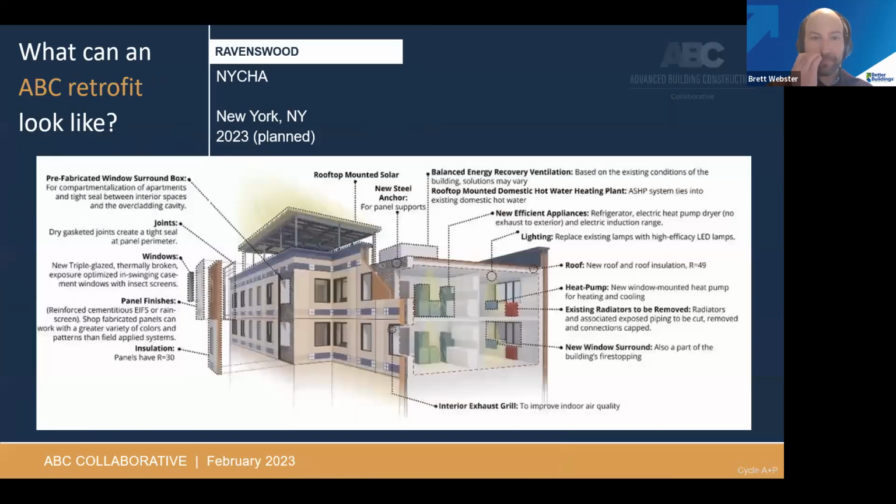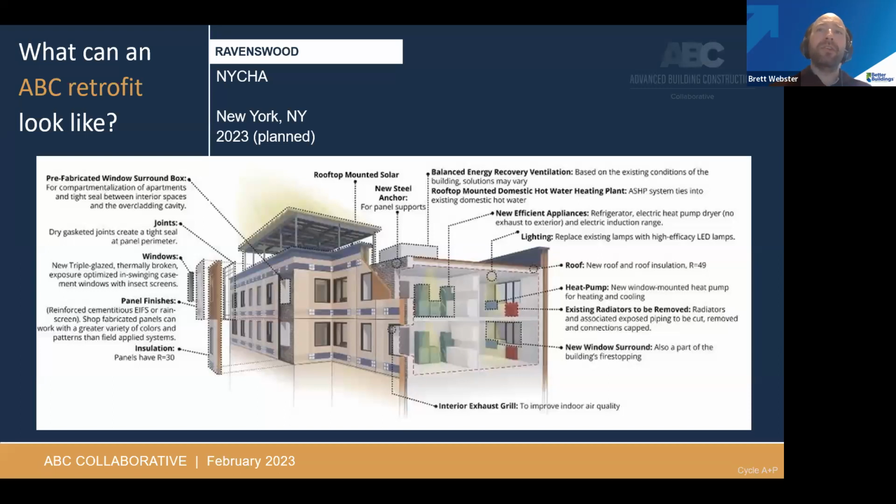Next slide, please. Here's another example in a colder climate. This is a planned retrofit project of the Ravenswood apartment building in New York City. It's a New York City Housing Authority project that's being done in partnership with Retrofit New York. You can see on the left side the planned use of prefabricated wall panels that are inclusive of insulation, all the control layers, and new triple pane windows that are planned to be installed over a prefabricated window surround box that you can see there in white.